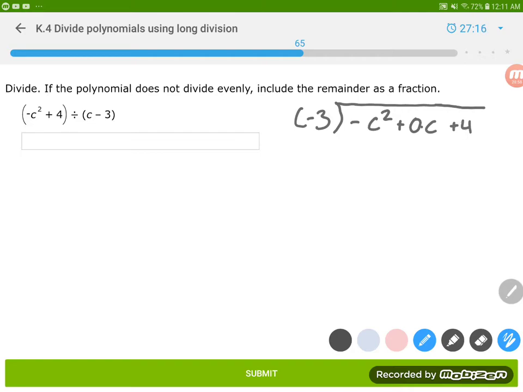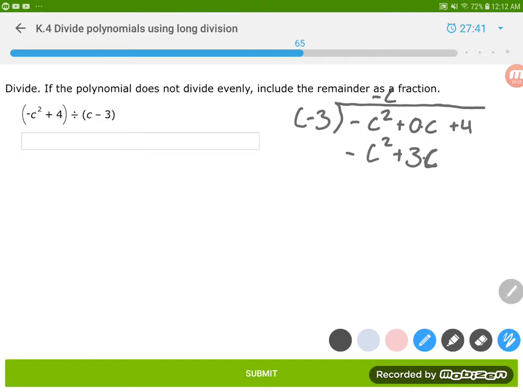So c can divide into negative c squared, negative c times. So negative c times c is negative c squared. And negative c times negative 3 is going to be positive 3c. Now notice, right? Now I actually have a c term to subtract this from.